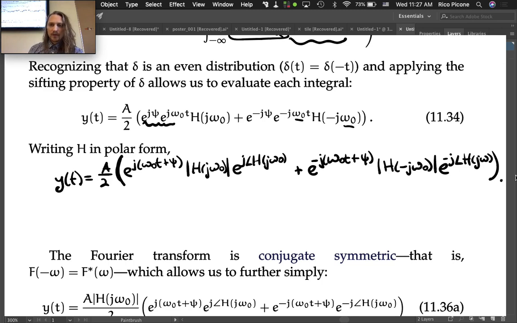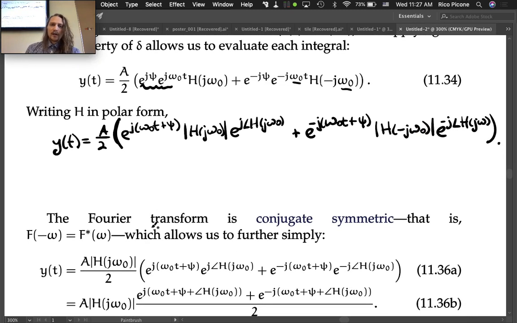I've given myself room to do it on two lines. Negative j omega naught, yeah, sorry.